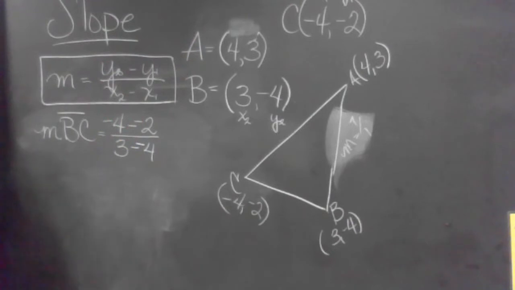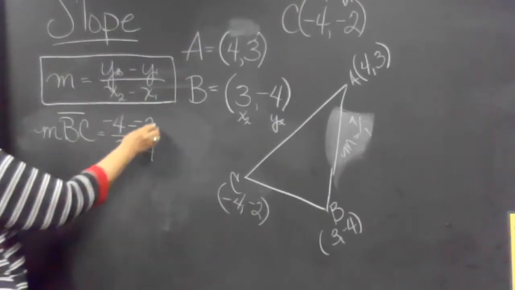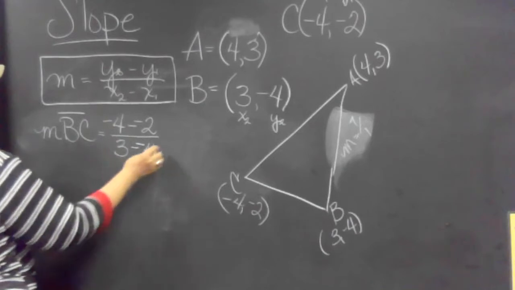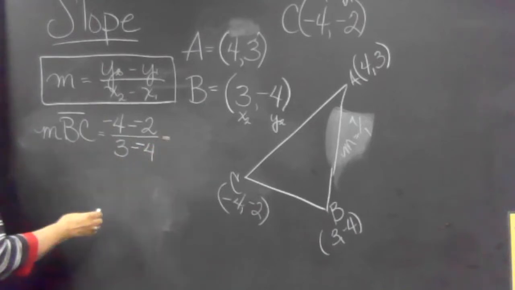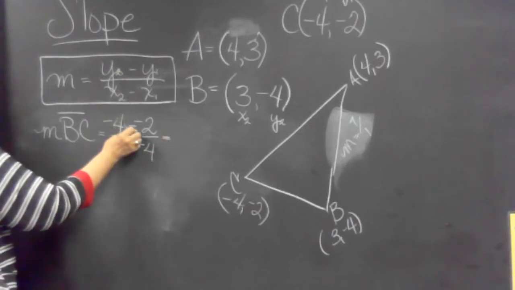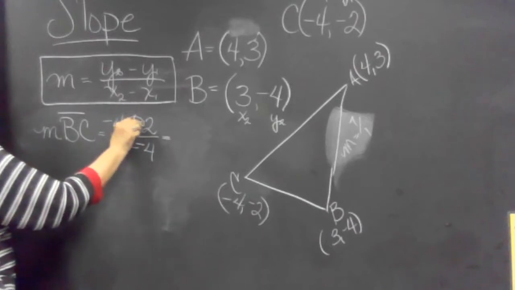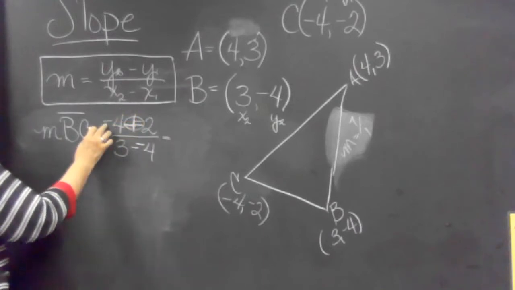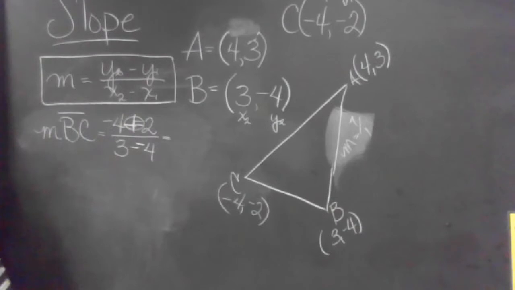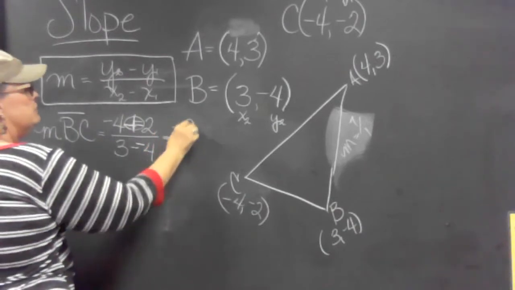x1 is -4. Again, when you get these numbers in the right places, all you have to do is do your math on top, do your math on the bottom. And we remember that if we have a minus and a negative right next to each other, it becomes a plus. So negative 4 plus 2 is going to be a -2.